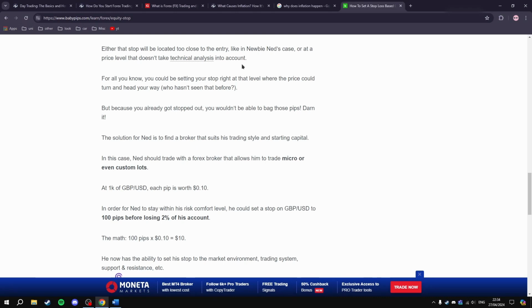Either that stop would be located too close to the entry, like in Newbie Ned's case, or at a price level that doesn't take technical analysis into account.